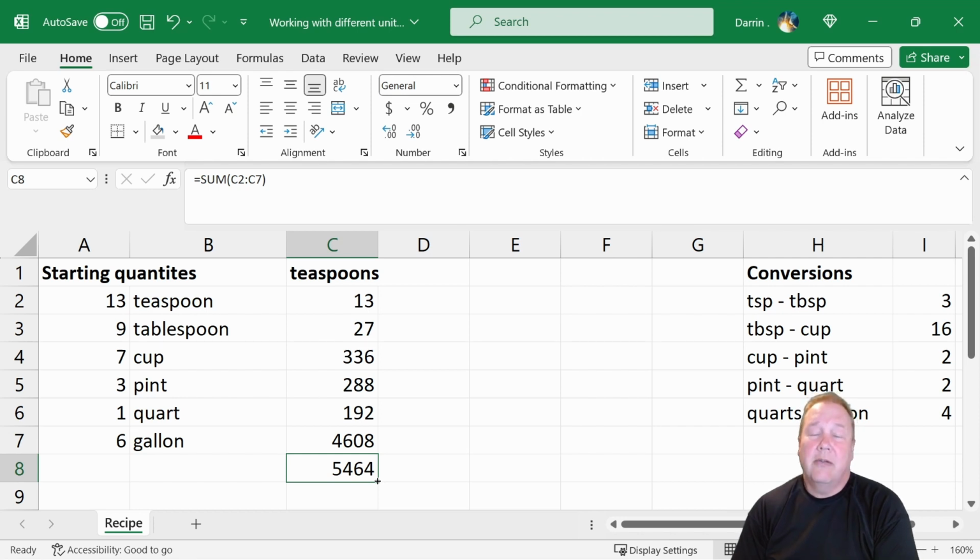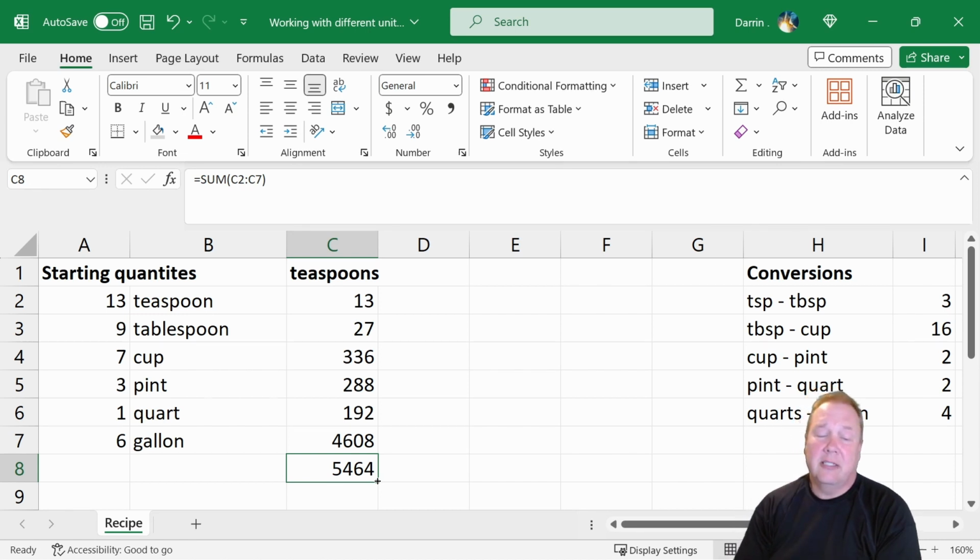Okay, so now I've got one simple, easy to use number, and I am not going to sit in the kitchen and put 5,464 teaspoons of anything into my mixing bowl. So now we have to go back the other way and break it down into teaspoons, tablespoons, cups, pints, quarts, and gallons. So let's go ahead and do that now.